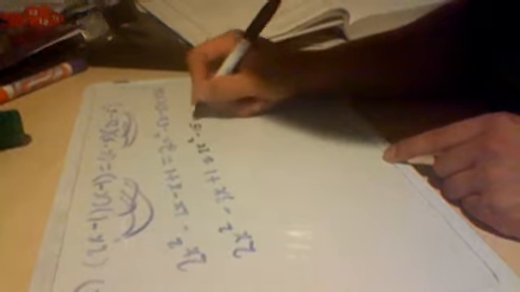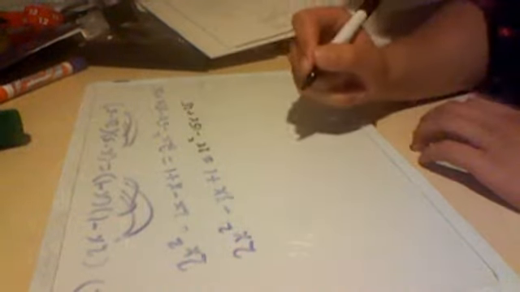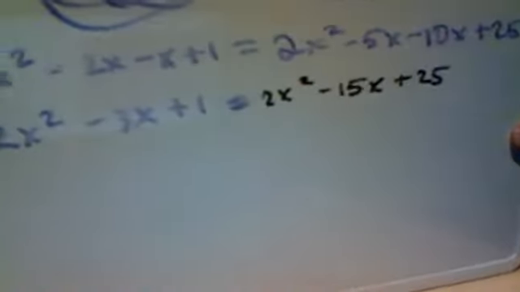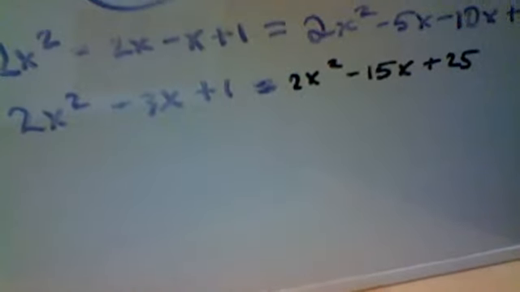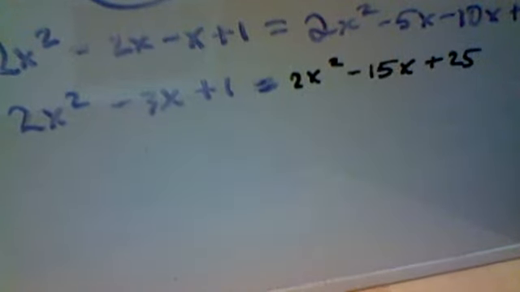It ends up becoming minus 15x plus 25, and we can't do anything with that 25. So now we have this equation set up: 2x squared minus 3x plus 1 equals 2x squared minus 15x plus 25.